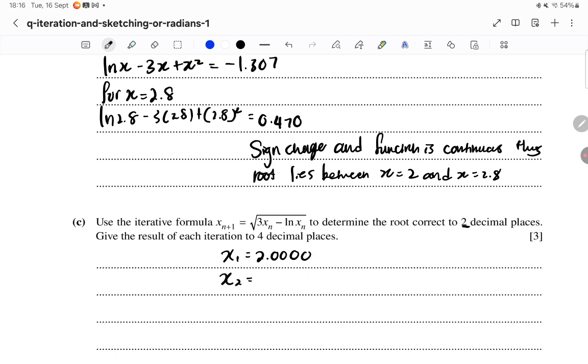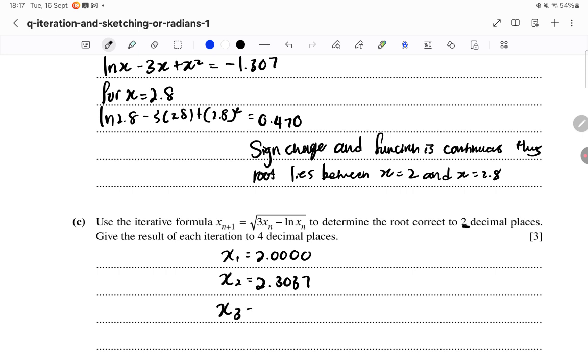For our second iteration, we're just going to sub in those values, 2.000 minus ln of 2.000. Oh, I'm getting an error. Okay. For my first iteration, I'm getting 3.37.